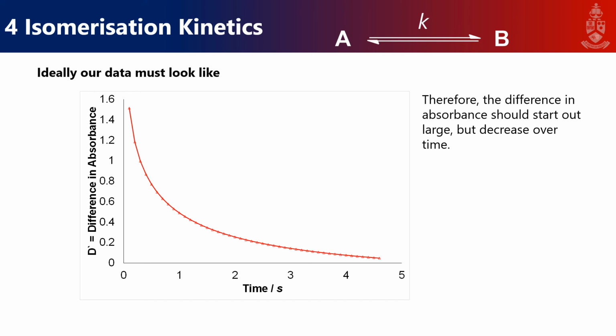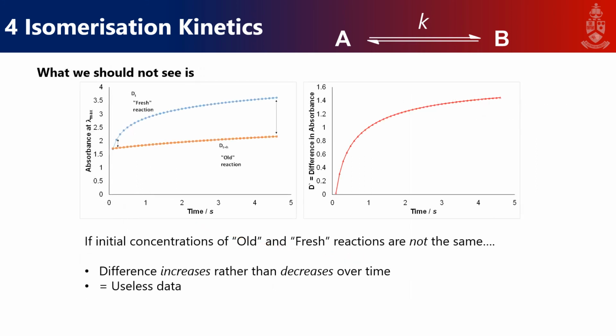So these are the things that you're looking for in the data sets. But also, what shouldn't you see? If you, for example, had different concentrations of your trans isomer at the beginning. For your old and your fresh reactions, you need to have the same concentration starting, even though the one starts 2 hours before the other.